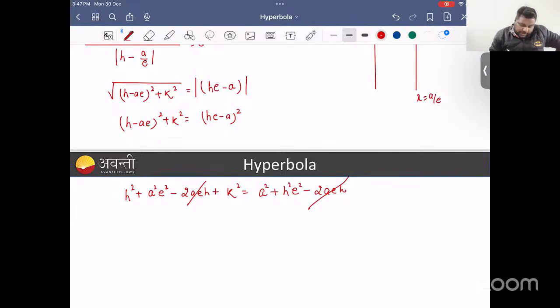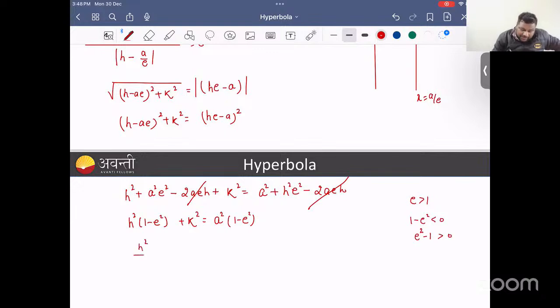So it is H square into (1 minus E square) plus K square equals A square into (1 minus E square). But there is one thing to notice: E is already more than 1. In case of hyperbola, the eccentricity is more than 1. That means this 1 minus E square is going to be less than 0.